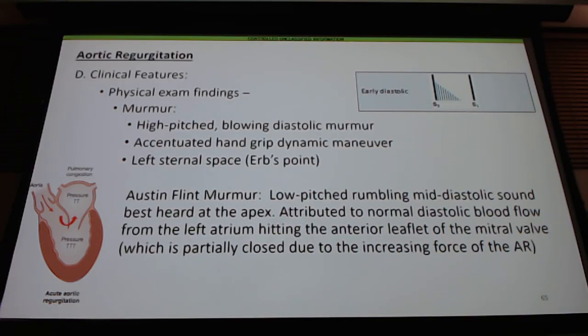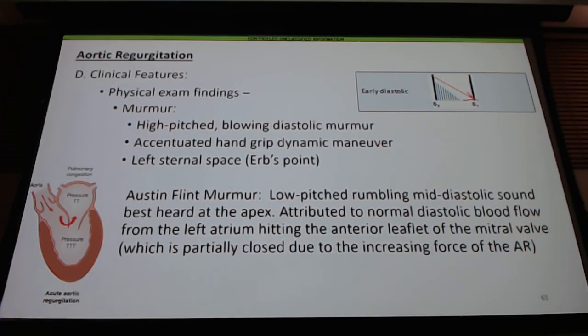And then when we talk about the murmur associated with this, there's a couple of different murmurs. So you have this decrescendo pattern, which is that flow, that pressure differential between the aorta and the ventricle is at its highest at the beginning of diastole, and then as that volume comes down into the left ventricle from the regurgitation, but also because it's coming from the atria, that pressure differential starts to decrease, and that starts to slow down that turbulent blood flow, which gives you that decrescendo pattern.